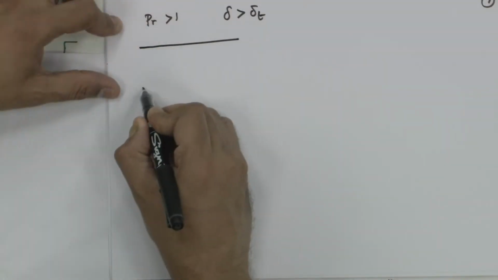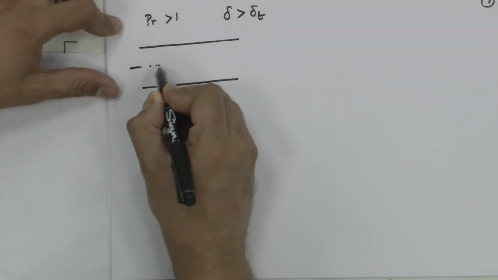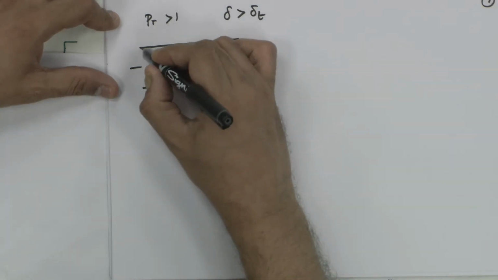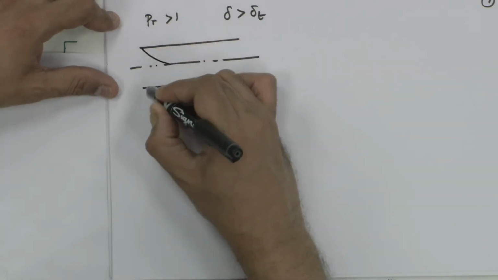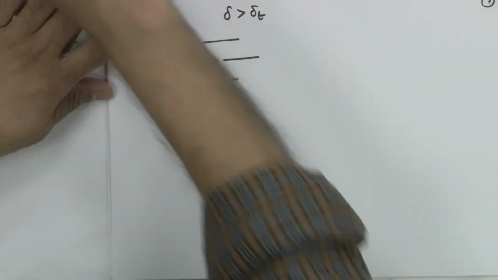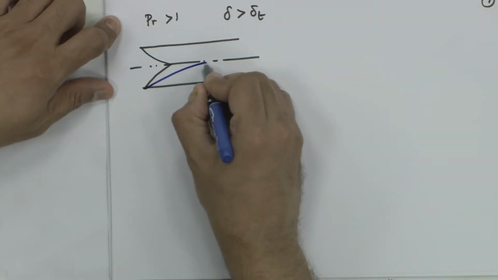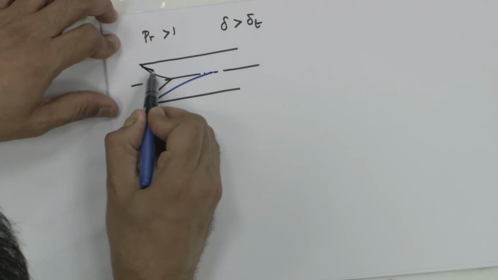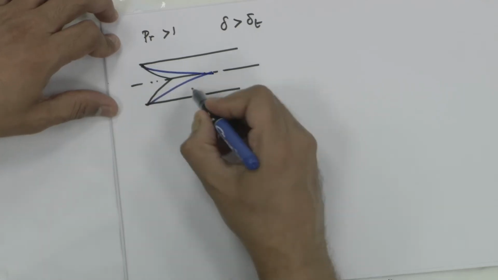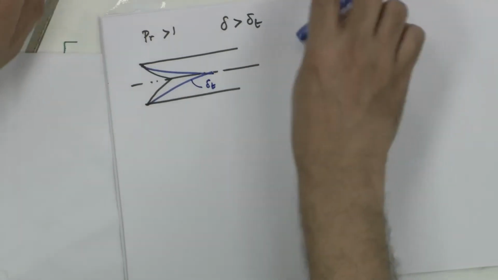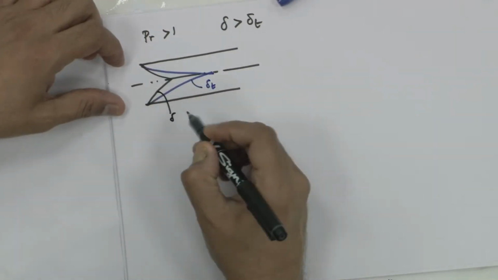Now, if I have Prandtl number greater than 1, delta grows at a faster rate as compared to delta T, which means I take this pipe, delta grows faster. So, delta is this, thermal boundary layer is thinner, right. This purple is delta T, the black is delta.